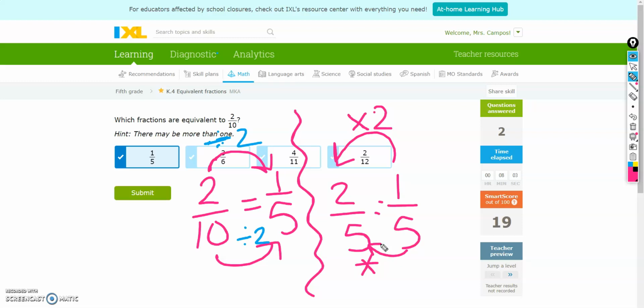I'm so sorry. This should be a 10. Okay, so 1 times 2 is 2. 5 times 2 is 10. So I can go backwards. So that's just showing this same problem again.